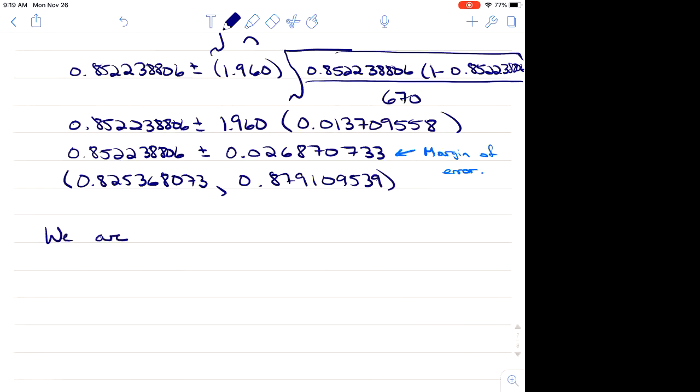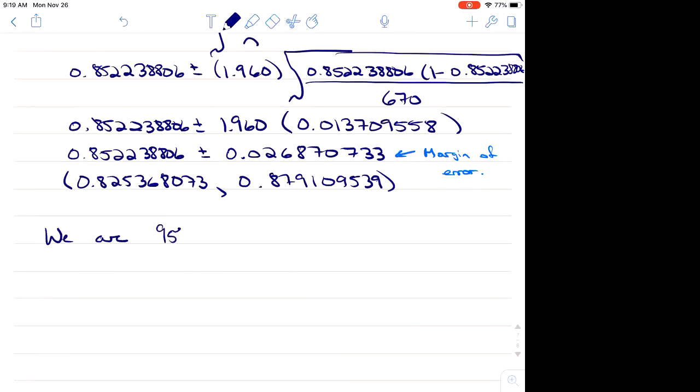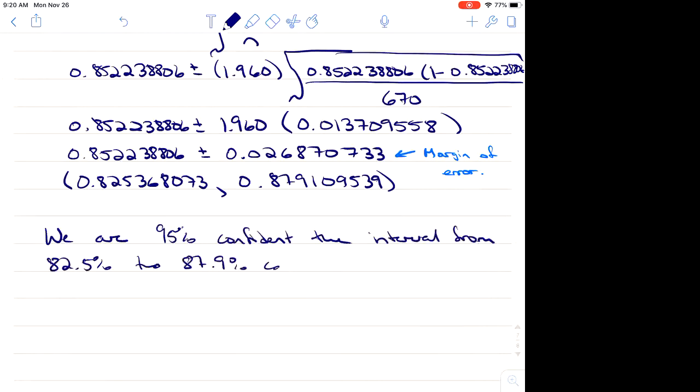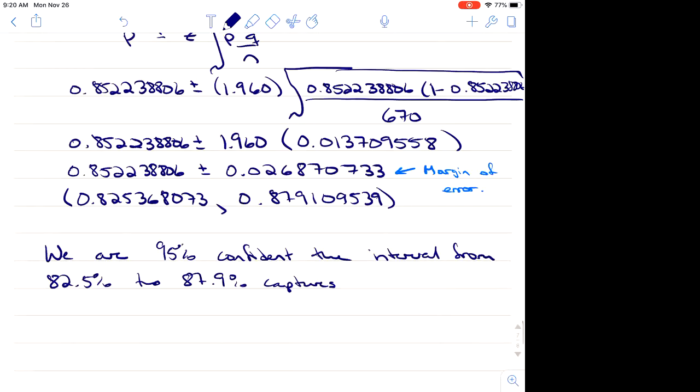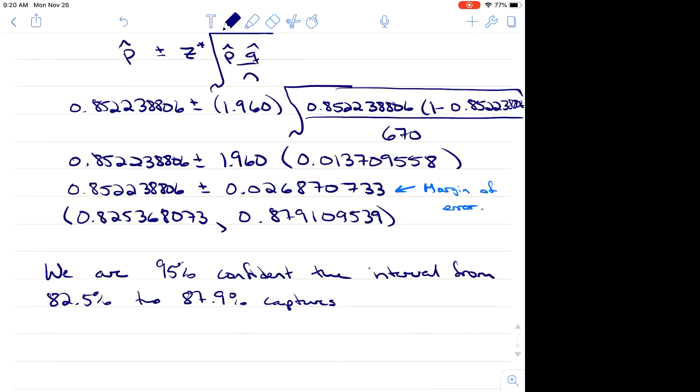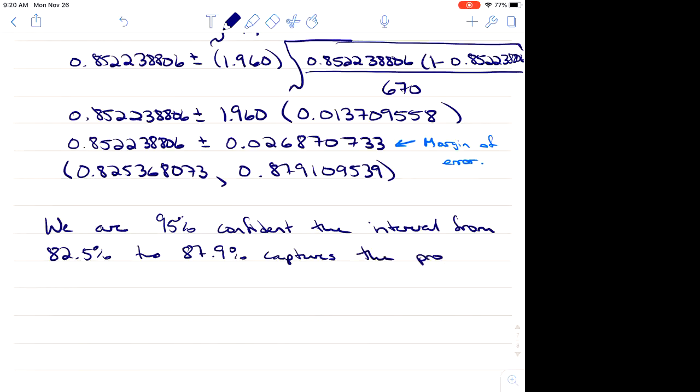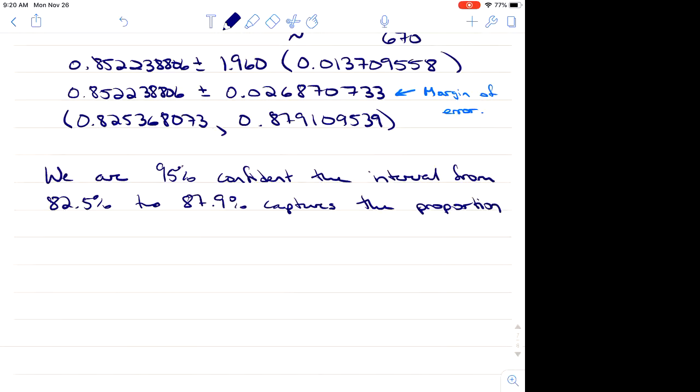Now we have to use our blurb quickly. I know I'm running out of time. So we are 95% confident the interval from 82.5% to 87.9% captures the proportion of all Americans with good intuition about experimental design.